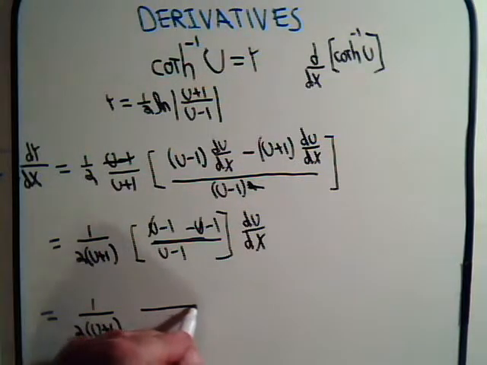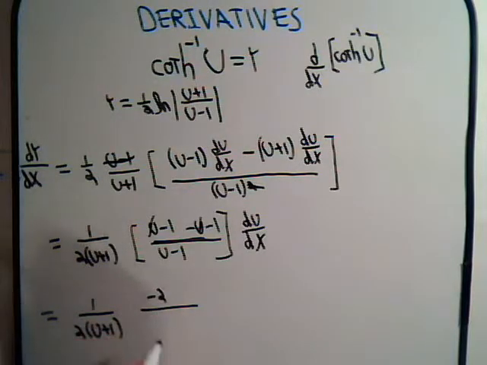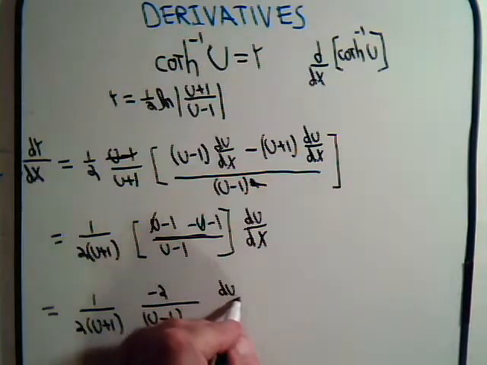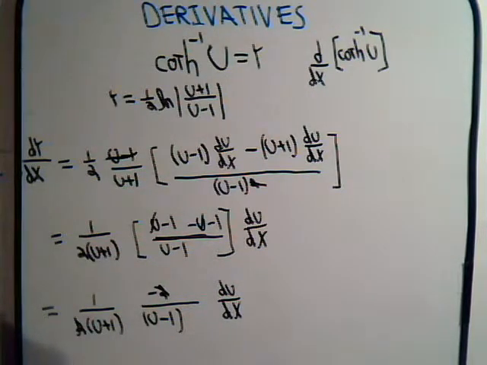And then from up here we have minus 2 divided by (u minus 1) times du/dx.